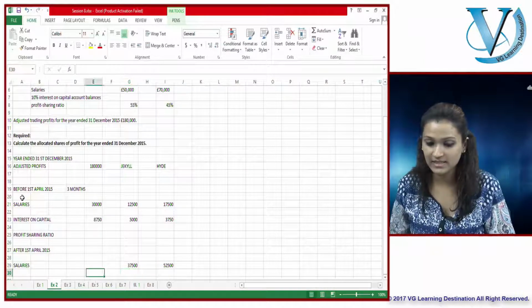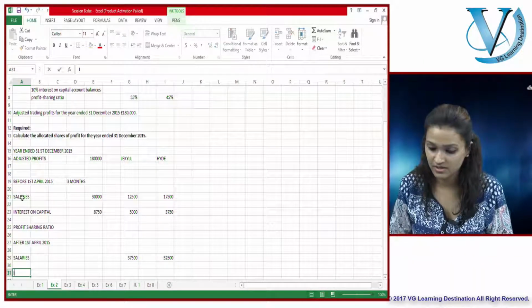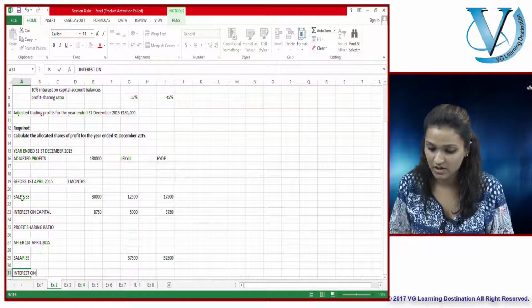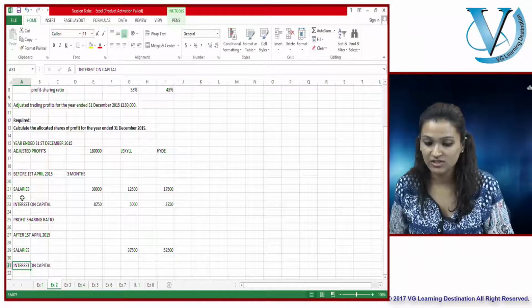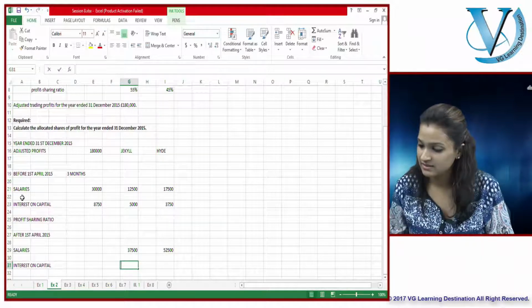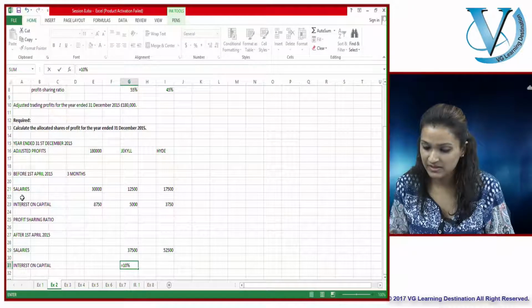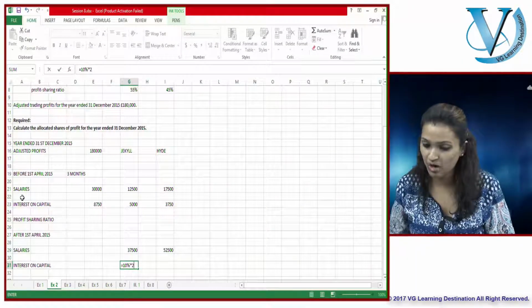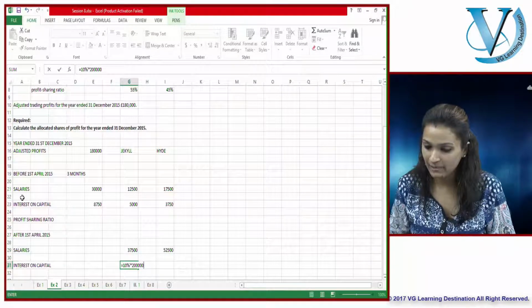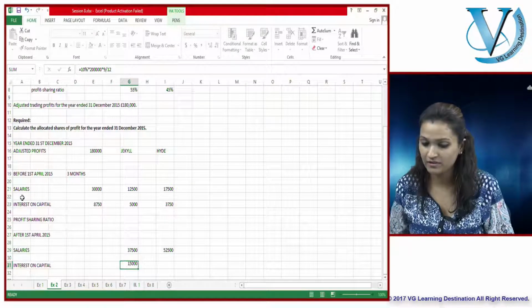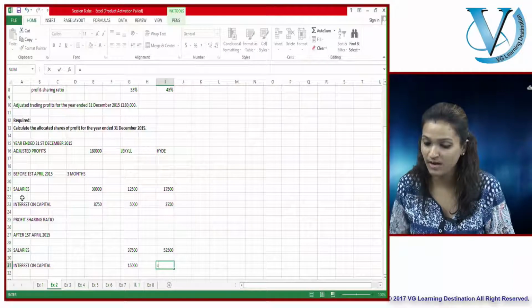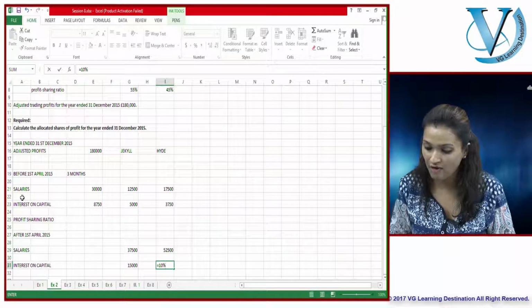What next? Let's have a look at interest on capital, which is 10%. 10% of capital is £200,000 multiplied by 9 divided by 12. Similarly, here is how much? 10% of how much is capital?